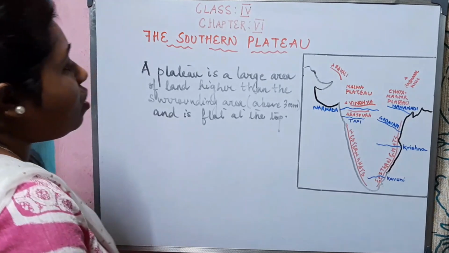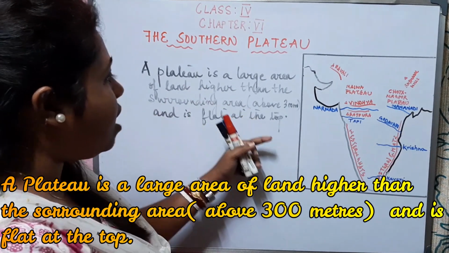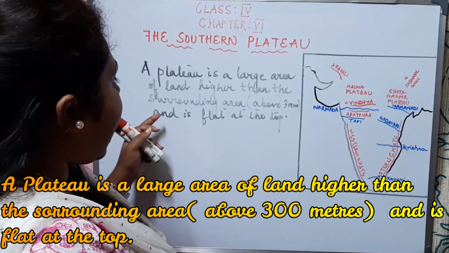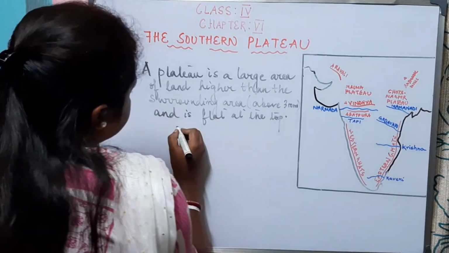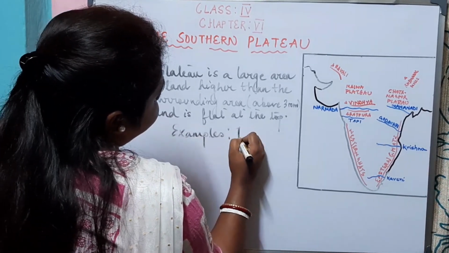So what is a plateau? A plateau is a large area of land higher than the surrounding area above 300 meters and is flat at the top.